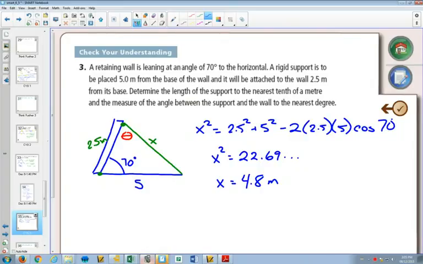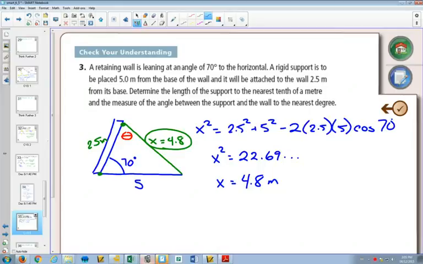Now that you have 4.8 meters, if you were solving for angle theta, you now have options. Okay? So I'm going to write in 4.8 here for that x. I'm going to circle that because that's new information.